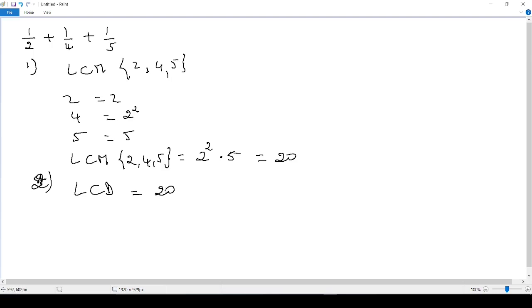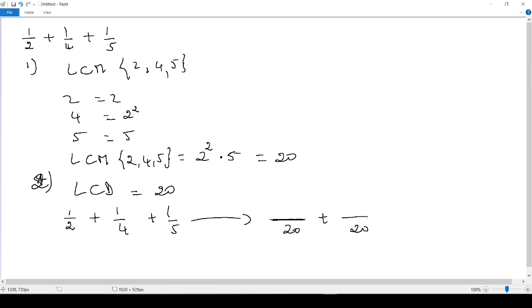So using the original fractions, 1 over 2 plus 1 over 4 plus 1 over 5, we should have 20 at the bottom, right? And I will show you another way of finding the top.